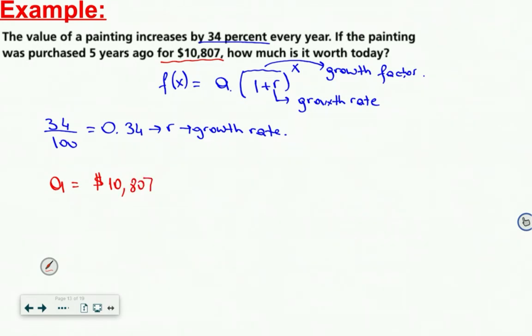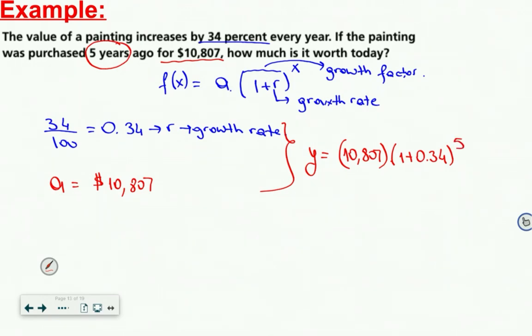If we substitute all this given information into the formula, you are going to find that y is equal to 10,807 times 1 plus 0.34 to the power, how many years are going to pass? 5 years. x is equal to 5.